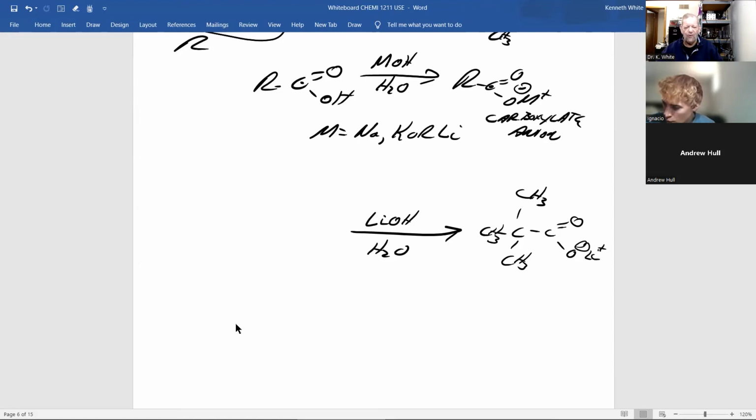What would you react with lithium hydroxide and water to make that compound?